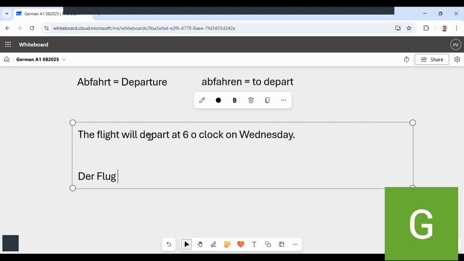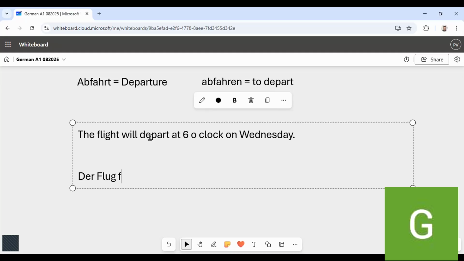Der Flug. Abfahrt. Flug. Der Flug. Abfahrt. Fahren only will come at the second point. Der Flug um 6 Uhr.